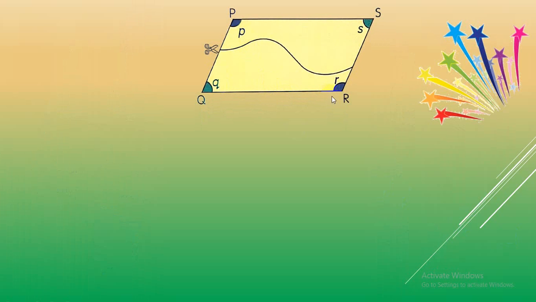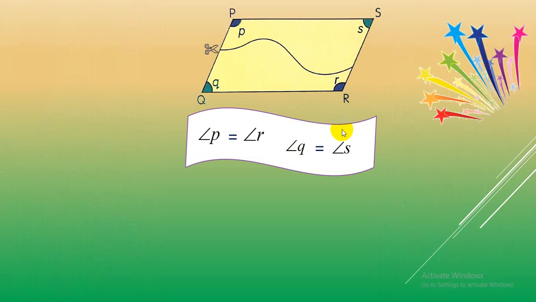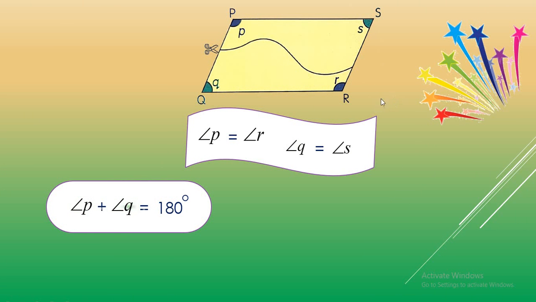Now look at this one, the conclusion. Parallelogram PQRS. Do you remember? Angle P equals angle R. Angle Q equals angle S. What else? Side by side. Angle P, obtuse and acute. Angle P plus angle Q equals 180 degrees.